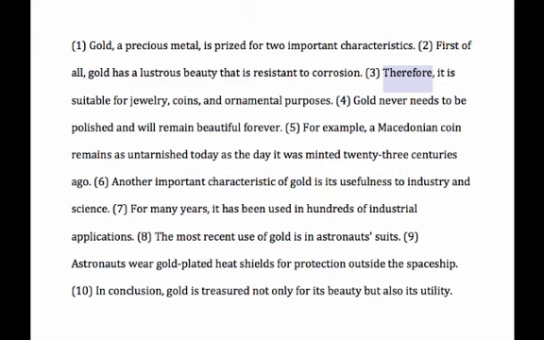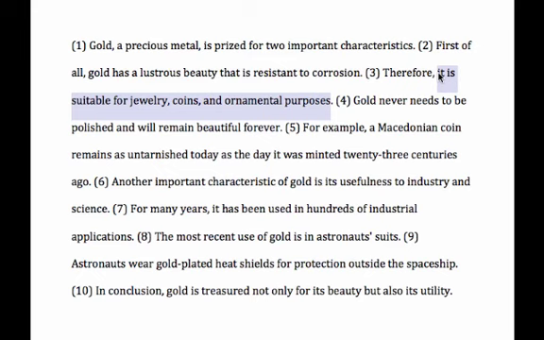Is it a cause? Is it an effect, or what? Therefore tells us that the supporting detail coming in sentence 3 is a consequence of this fact that we've just talked about. And the consequence is this: because it's beautiful, it's suitable for jewelry, coins, and ornamental purposes.